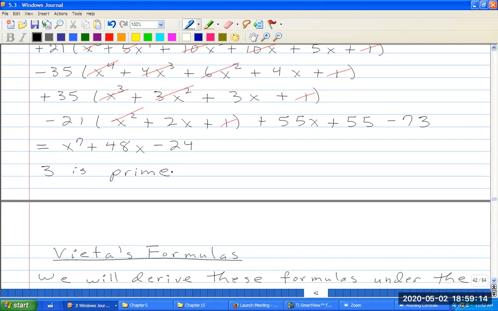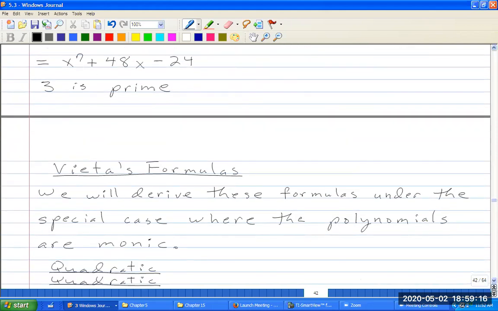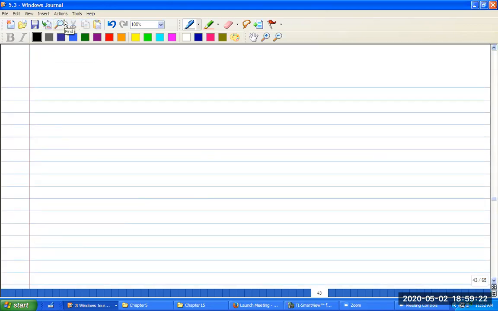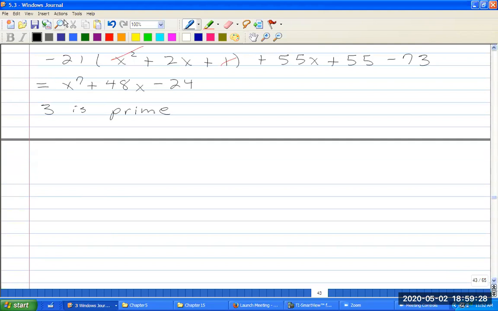So this is going to be much easier because there's not a lot of things to check with this guy. So 3 is prime, and I have that 3 does not divide 1. 3 does divide 48. 3 does divide negative 24.